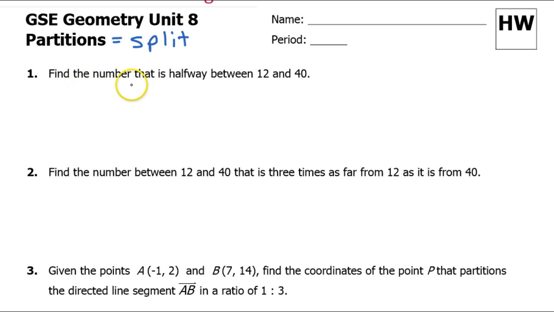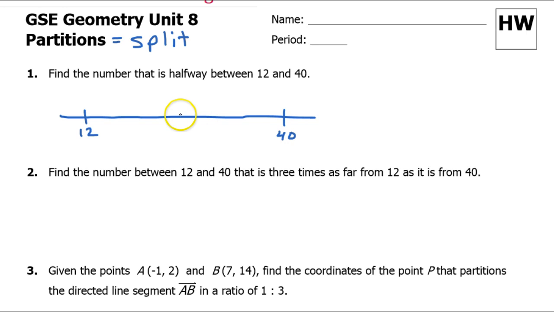Problem number one, find the number that is halfway between 12 and 40. So imagine a number line. And on your number line, there is a 12 and there is a 40.